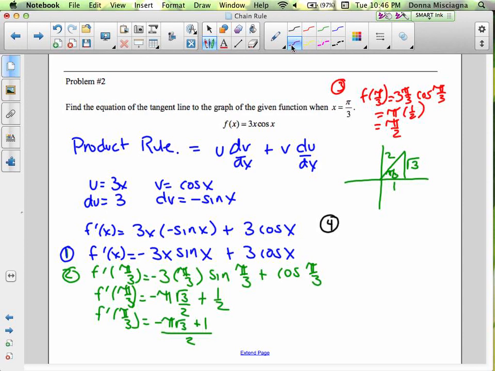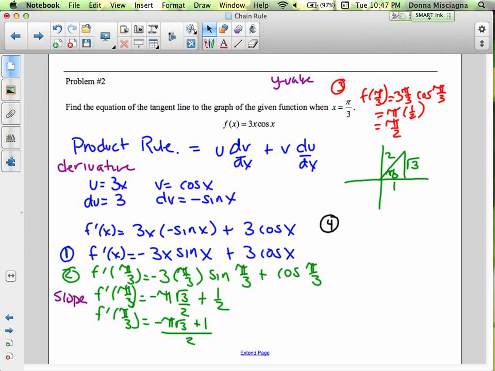So this part here was the derivative, and then the slope, and then the y value. And now we can write the equation. So our last step is the equation.